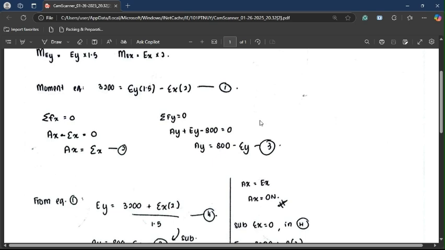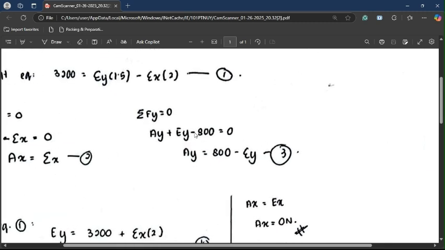For the vertical force equilibrium, the upward forces are Ay and Ey, and the downward external force is 800. The 800 force is going down, so we need to use a negative here. Ay plus Ey minus 800. So we can create another equation like this: Ay equals 800 minus Ey.